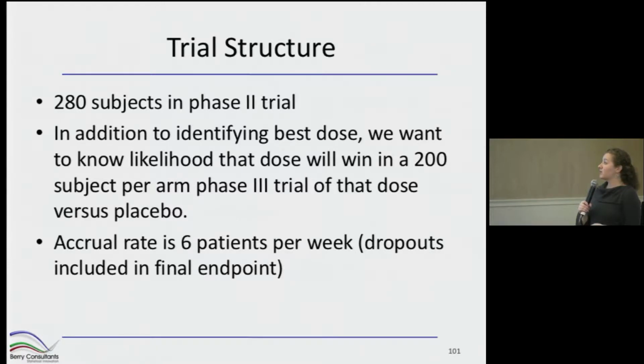For each dose in the trial, we calculate: suppose that we choose this dose and carry it forward into a phase 3, 1-to-1 randomized trial with placebo, in which we plan to enroll 400 patients, 200 on each arm. I would like to know the probability that that dose is going to be successful. That could be used as a futility rule, or it could be used as part of our success criterion.